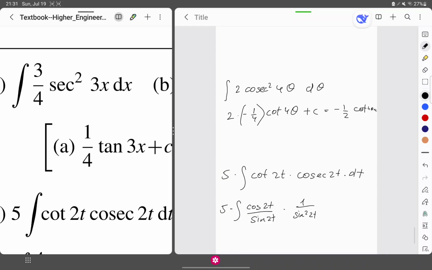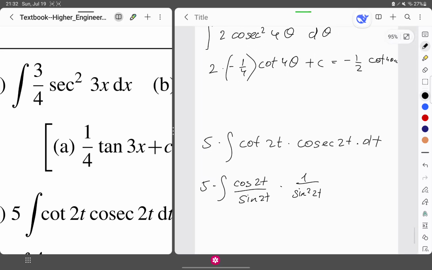Cosecant is what? Oh my gosh, I got confused. Okay, cot remains the same. Cot 2t times cosecant is what?